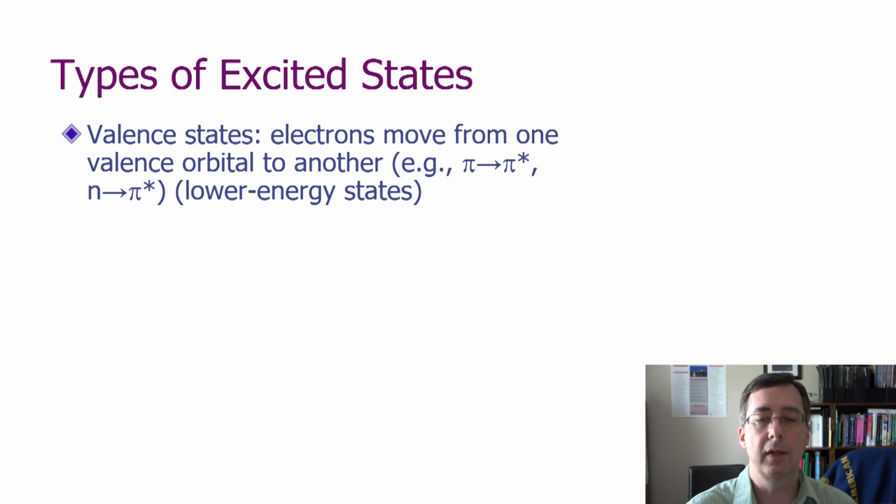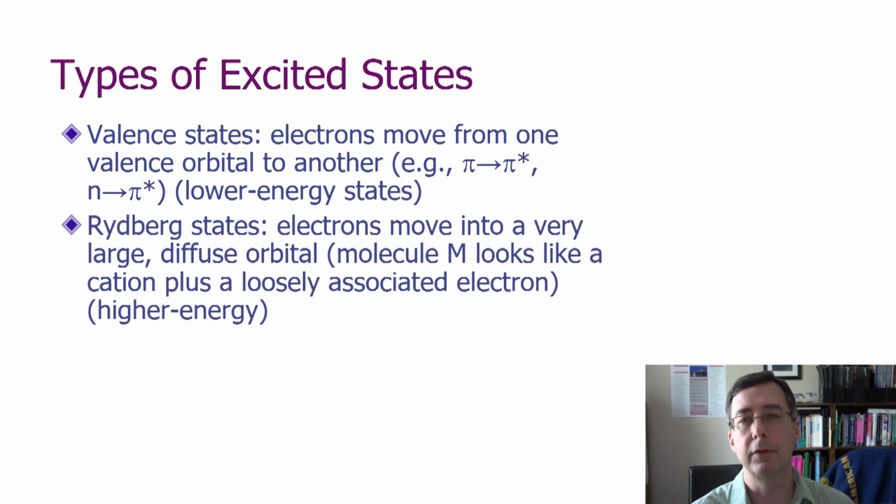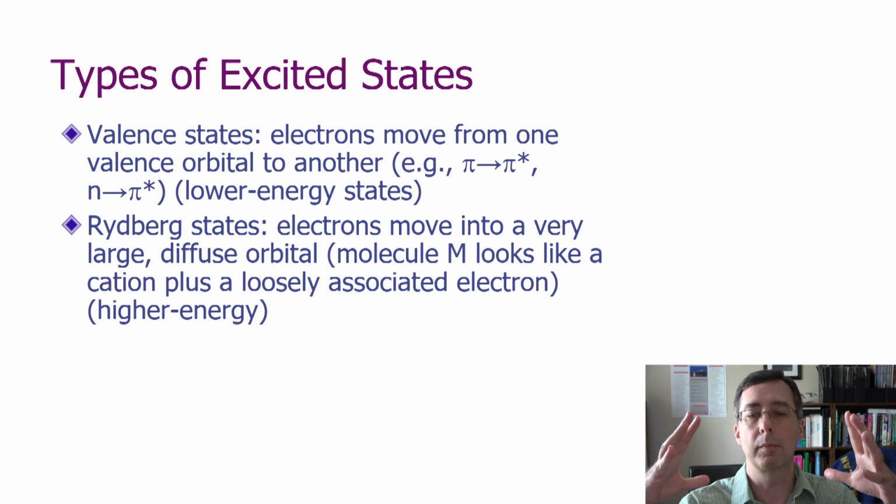Now, what kinds of excited states do I have? Well, I have valence states where I move an electron from one valence orbital to another valence orbital, like a pi to pi star transition. These tend to be lower energy compared to other ones. I have these Rydberg states where I move an electron into a very big diffuse orbital.